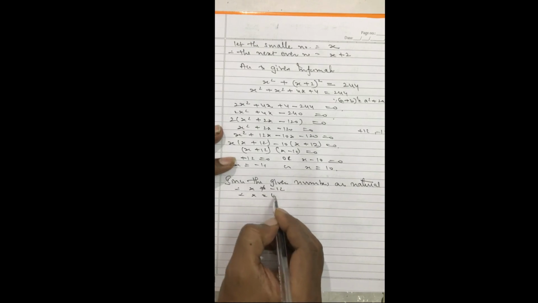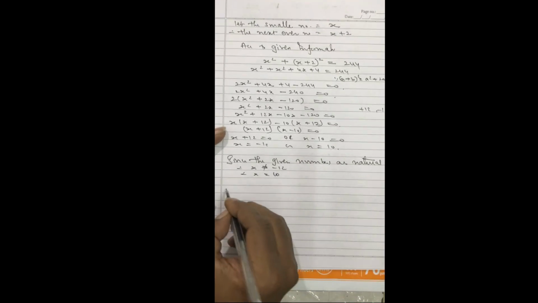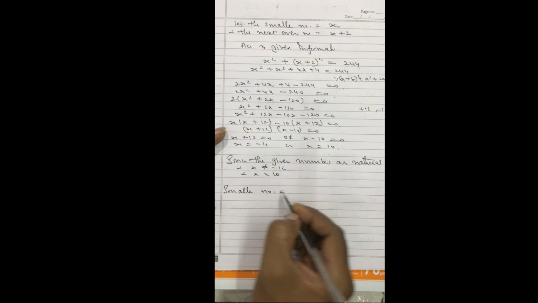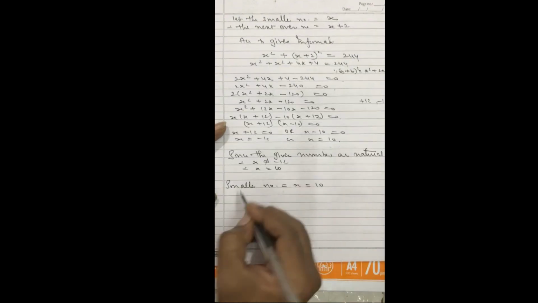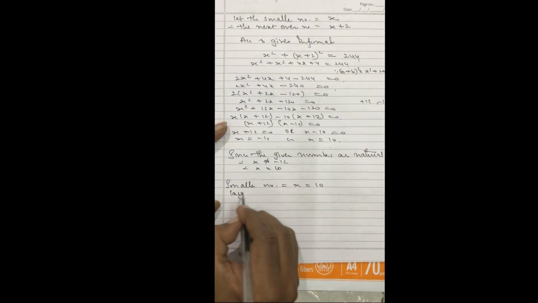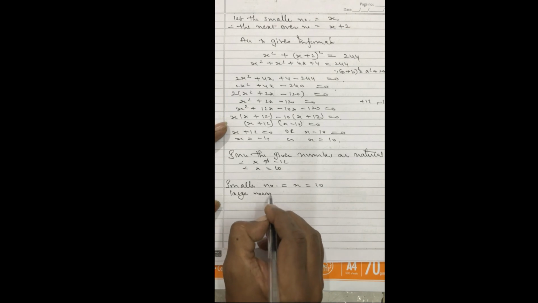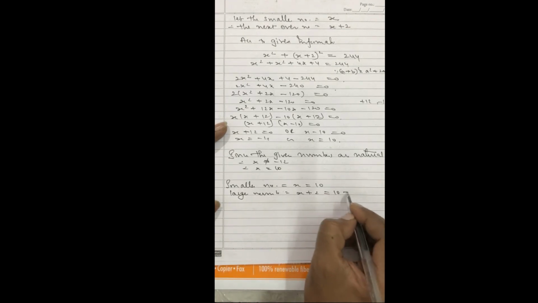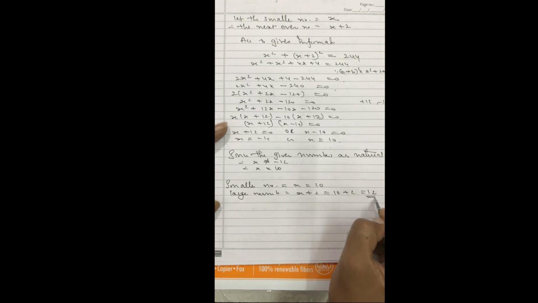Therefore x is equal to 10. Therefore the smaller number is equal to x is equal to 10. The larger number is equal to x plus 2, which is 10 plus 2, 12. You can take the square of these numbers, 100 and 144, add the two numbers, it will be 244.